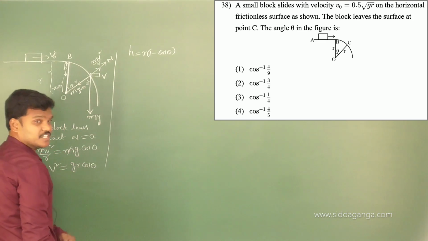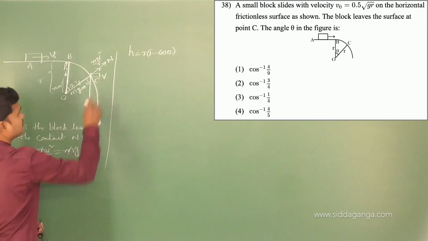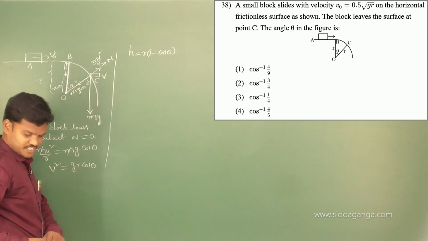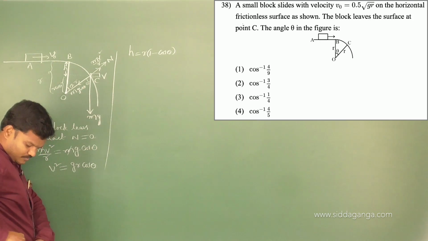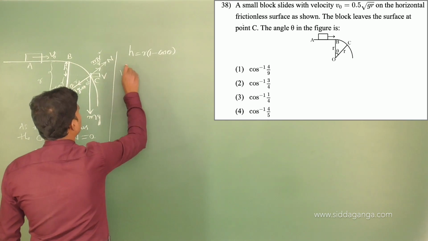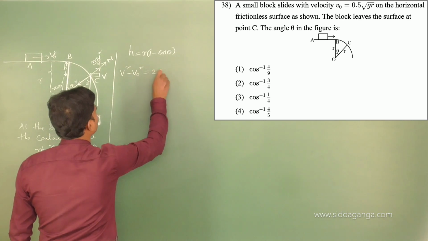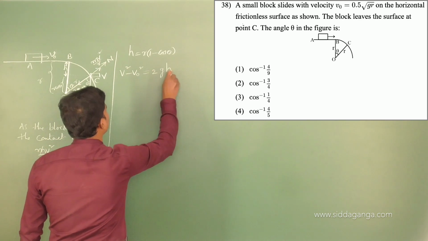Otherwise, you apply the energy at this position and energy at this position, position A and position C. Here v square minus v0 square equals 2a, where a is g and s is h.